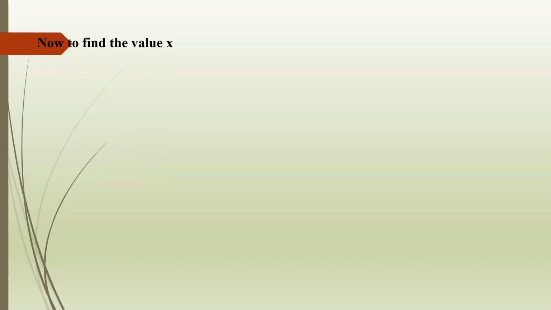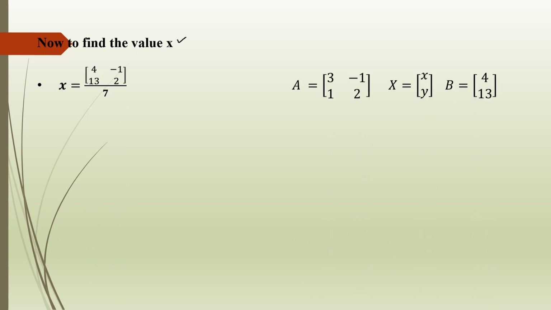Now dear student, we want to find the value of x. To find the value of x, look here, how can we write this? Now my dear student, I wrote this matrix again. A is equal to 3, minus 1, 1 and 2, X is equal to xy, and B is equal to 4 and 13.